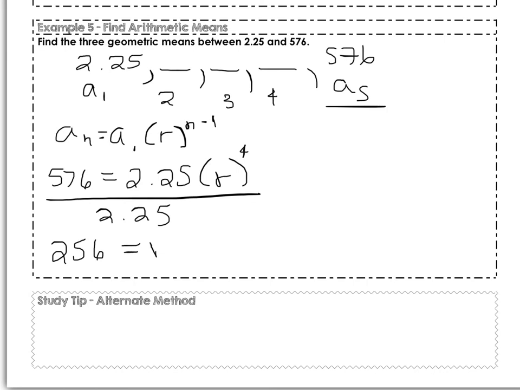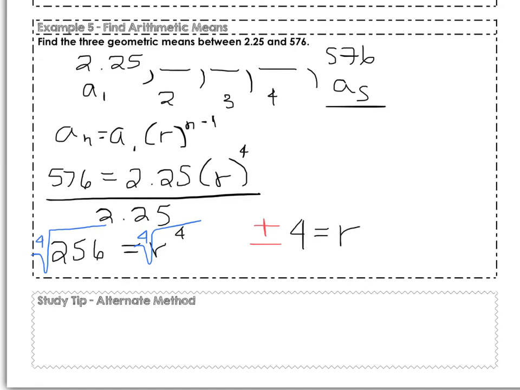And that's now going to be equal to r to the 4th power. Next thing I'm going to do is take the 4th root of both sides. Now, whenever you take an even index root of both sides, you're going to end up with a positive or a negative answer. The 4th root of 256 is 4, so that is our common ratio.